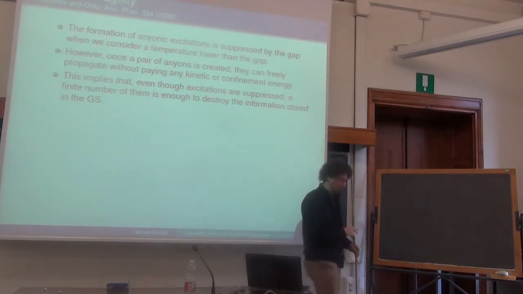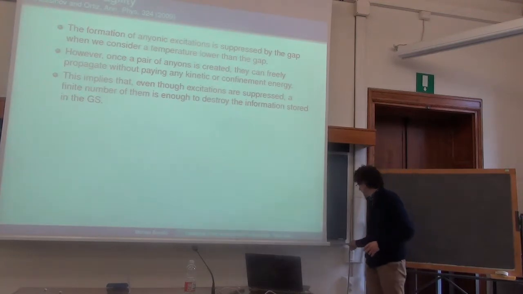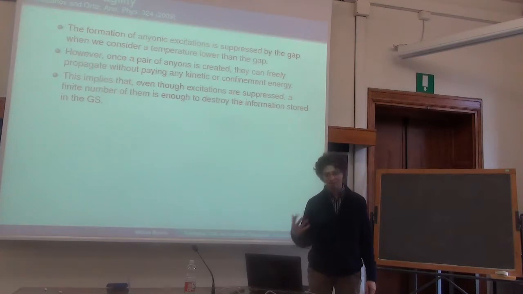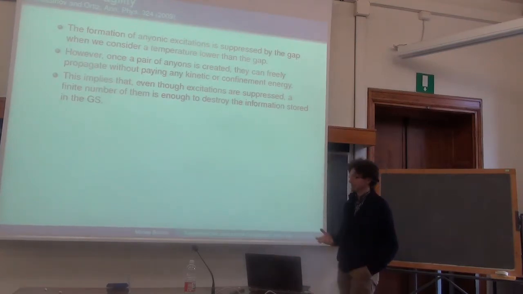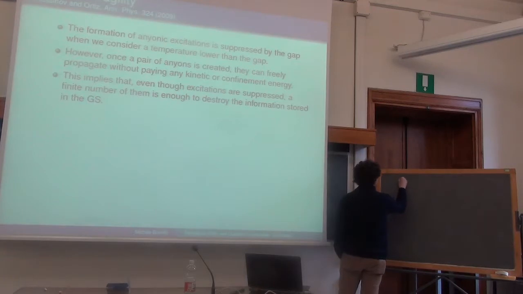So, as I mentioned at the beginning, however, there is a problem with the toric code if I use it as a self-correcting memory. And the problem is what happens with temperature. So far we see that the gap that we have in the spectrum protects us against noise or temperature if the temperature is small enough.